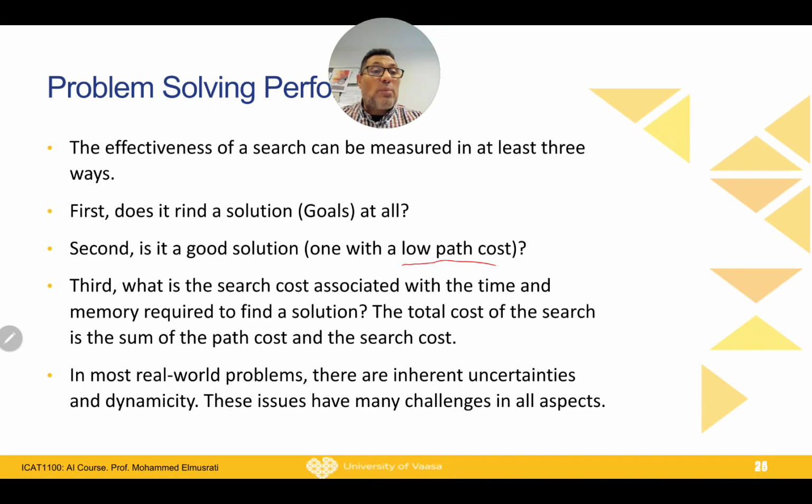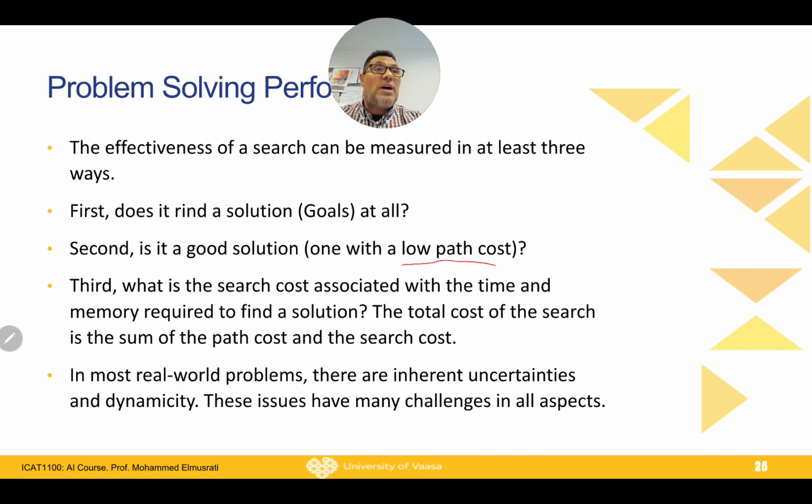But to solve the problem on a computer, there is also time and memory required. So there is another kind of cost. Of course, you can put both of them in the problem formulation, but keep in mind that they can be different.